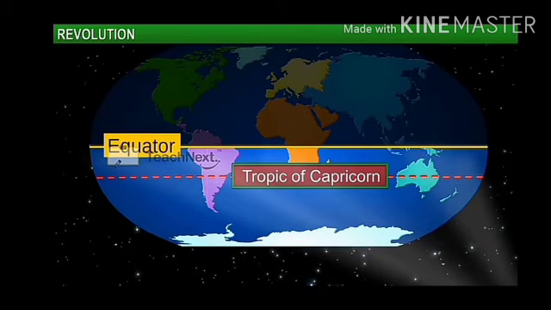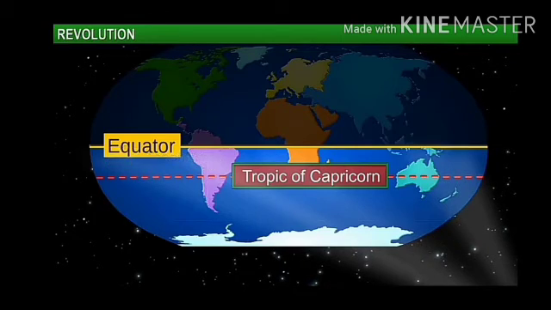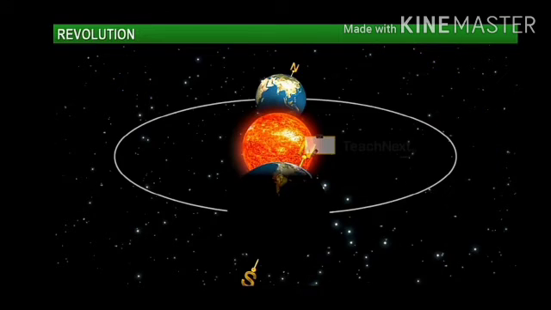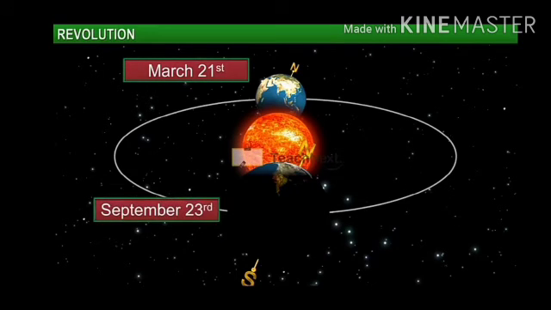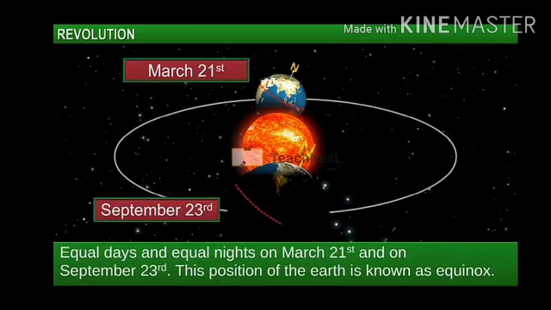As you can guess, the northern hemisphere has less sunlight during this time. In its orbit, there are times when neither of the Earth's poles is inclined towards the Sun. Thus, on two occasions, March 21st and September 23rd, sunlight falls directly on the equator.